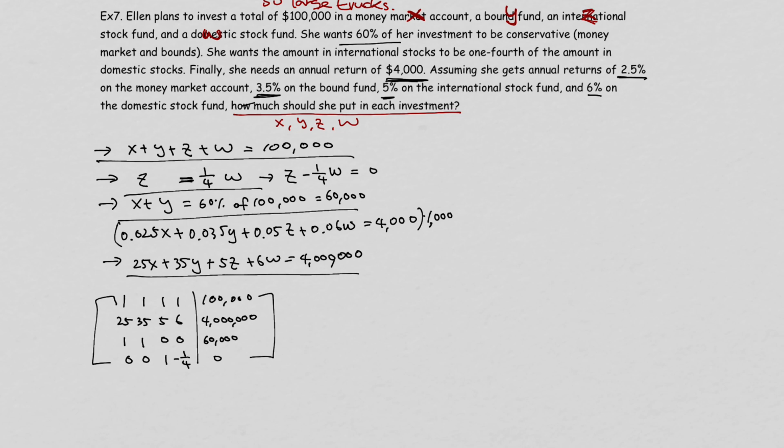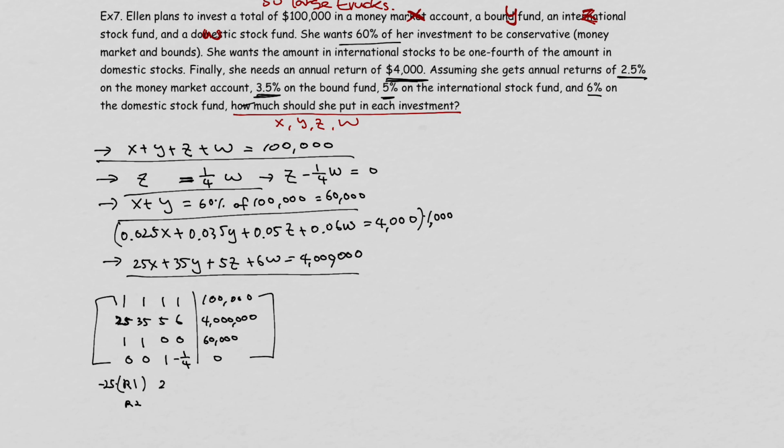First, combining the rows, what I'm going to do is take the first row, multiply by negative 25, and then add it into row 2. Since you have 25 and negative 25, that will give you 0, right?